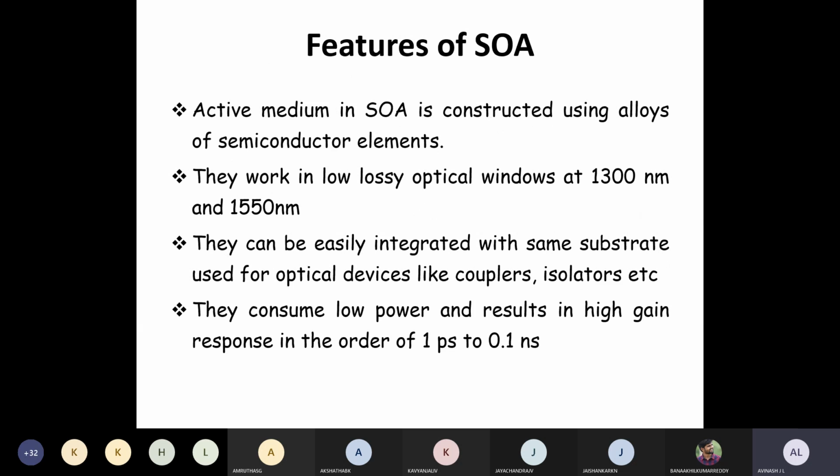After understanding this, we'll go to some of the features. Features of SOA, the semiconductor optical amplifier.